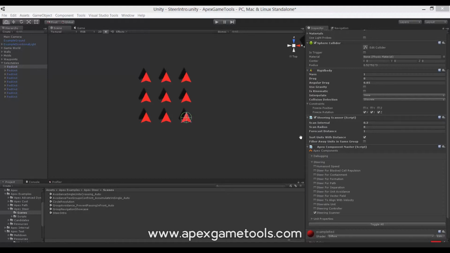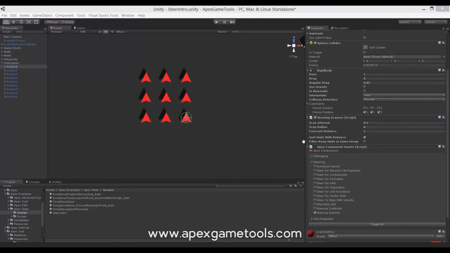This is used by some other components, Steer for separation and Steer for unit avoidance, for some of their options. It is obviously optional. The bulk of the processor time used for this component is actually with sorting units. So if you're not using the options that require this on the other components, then you should switch it off.